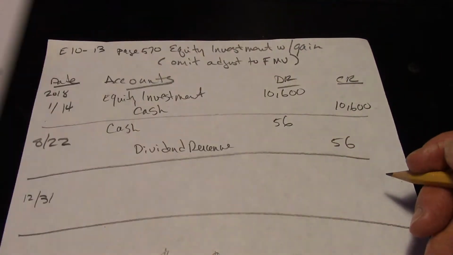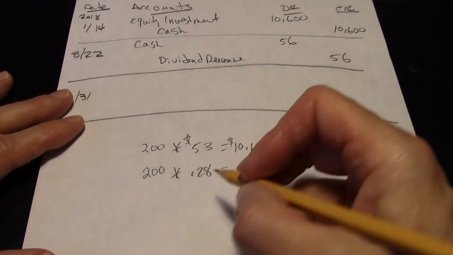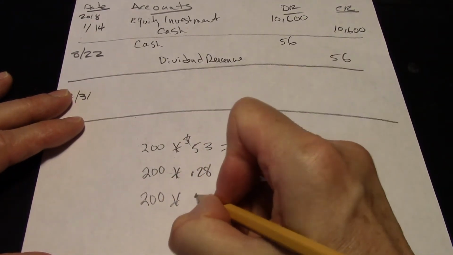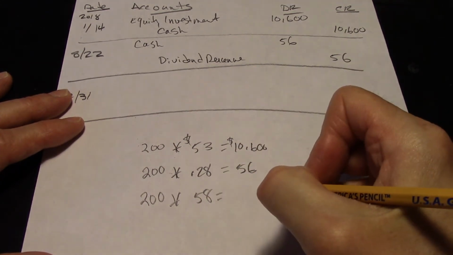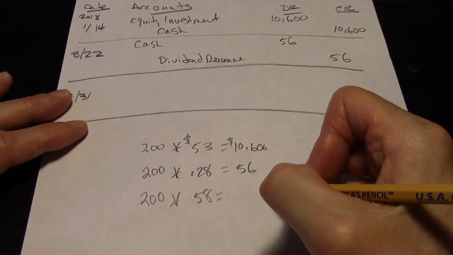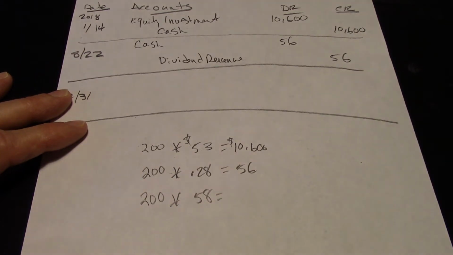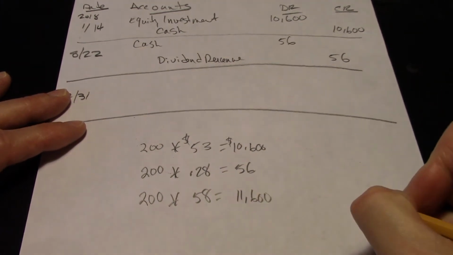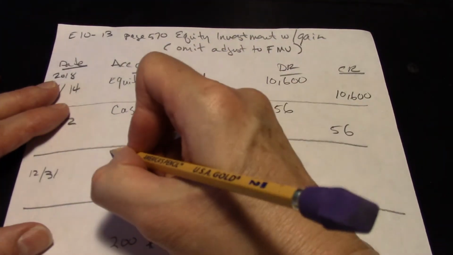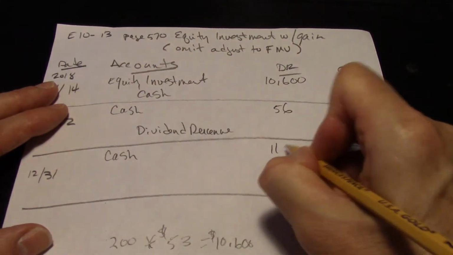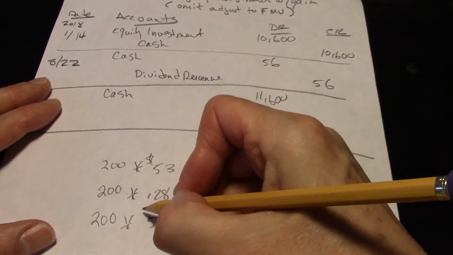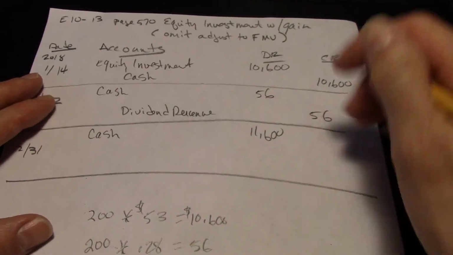And of course the last thing that happens, we sell that stock and we sell it for 58. That's great, that's going to be a gain. How much will we see? 200 times 58 is equal to 11,600. That's our cash that we get in. We sell it, so we get in 11,600. 200 times 58 per share is 11,600.